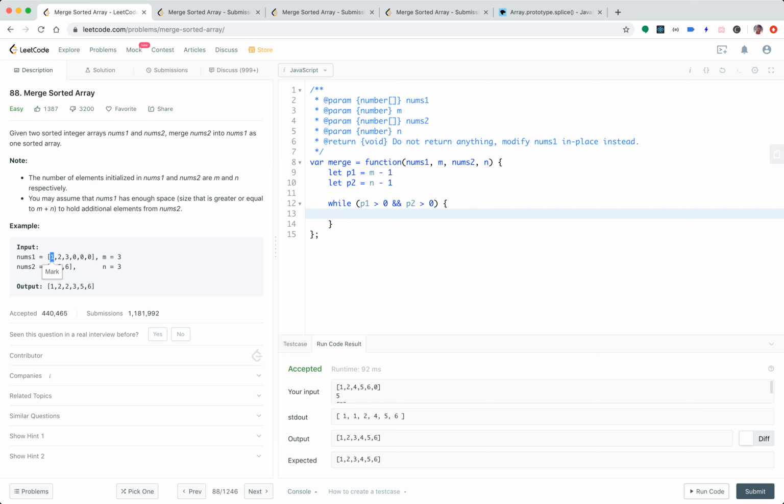If I got this one to 0, then let's say there's only one number and we got 1, 6, and then it should be there. What if 1, 1?